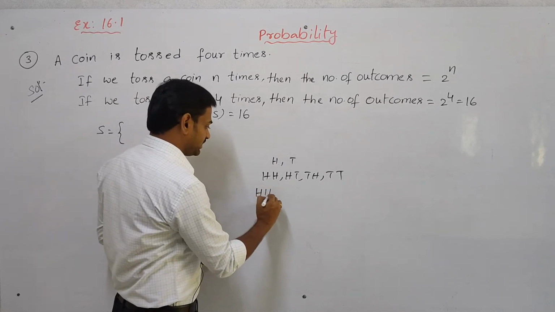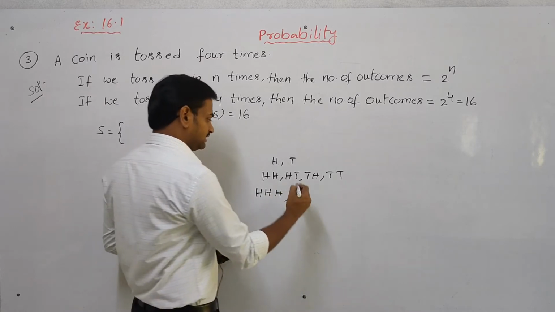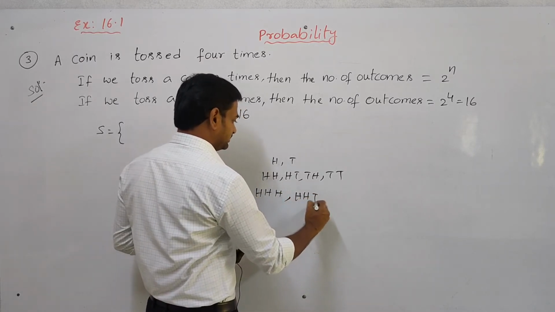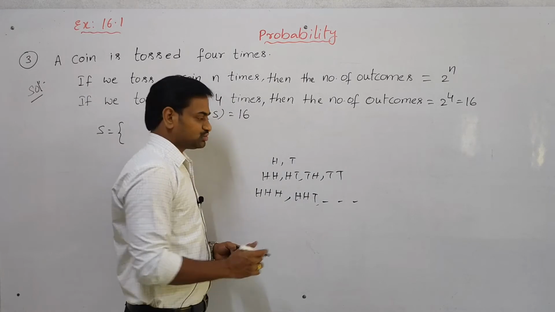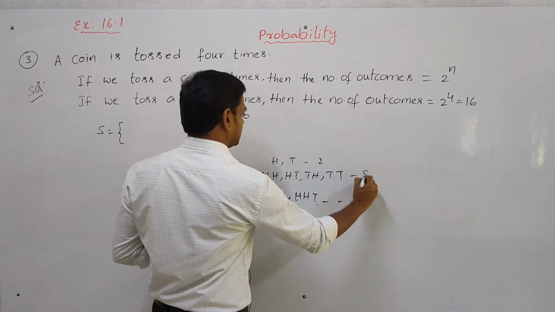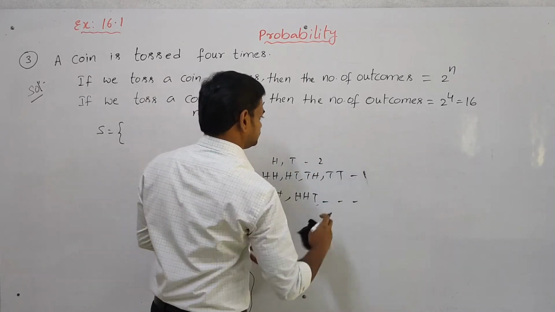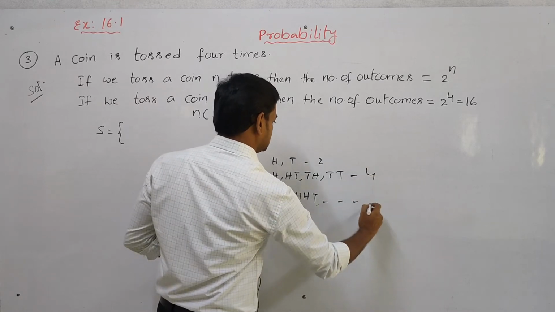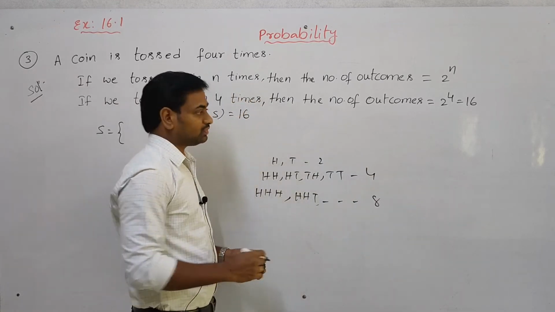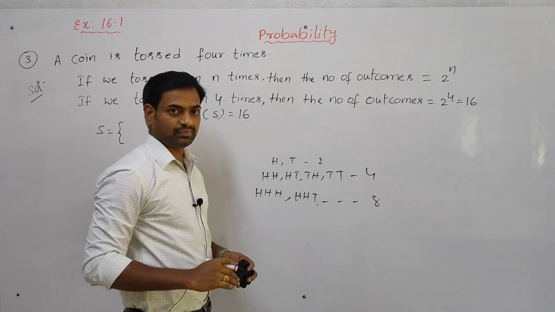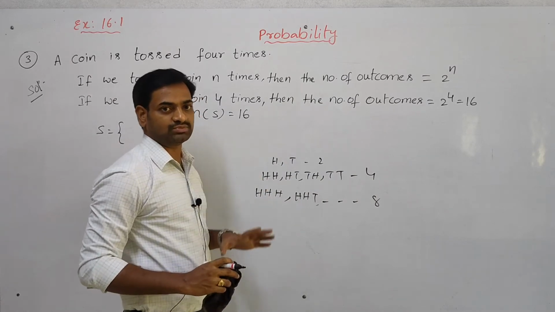That is head head head, like that. Head head tail, like that, and so on. So these are 2, these are 4, and these are 8. Now these are 16. Now what are the 16 outcomes?